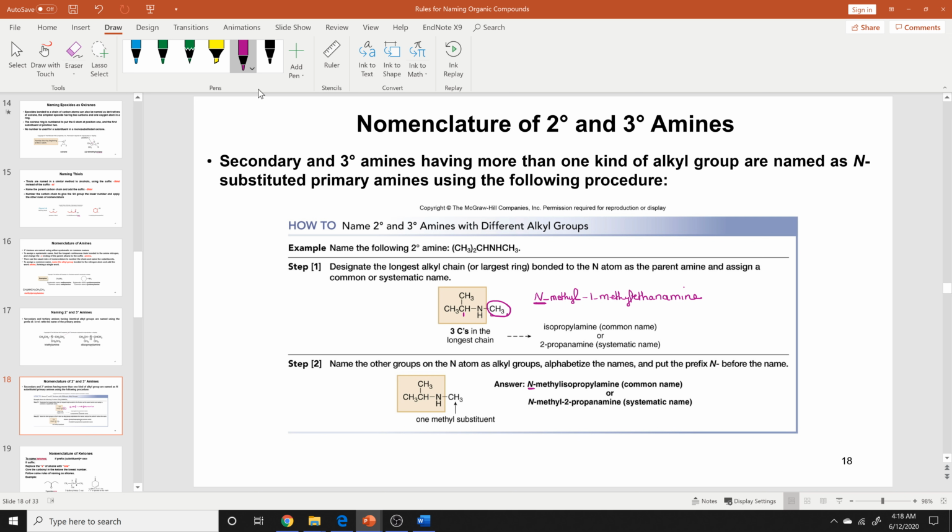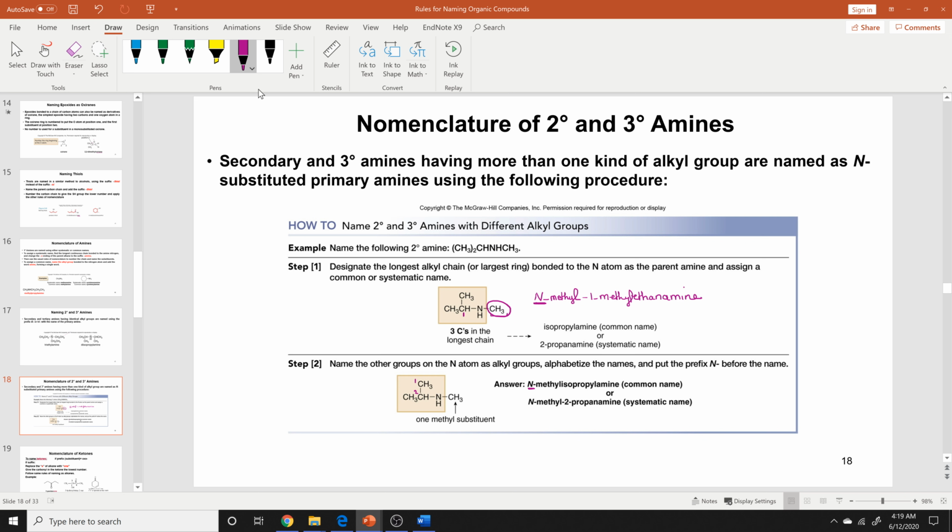Another way of doing it is by choosing the whole thing to be the parent chain, and the parent chain is a propane, because it's 1, 2, and 3. So now your numbering is from here. You can go, by the way, this way or the other way, and both are right.